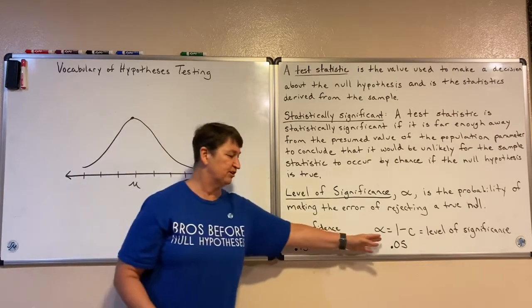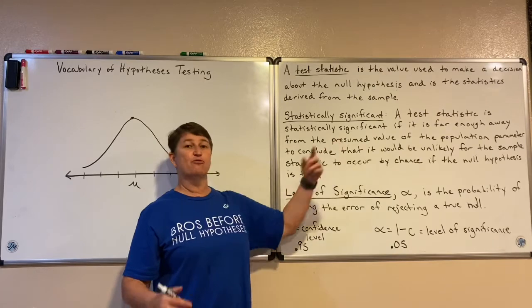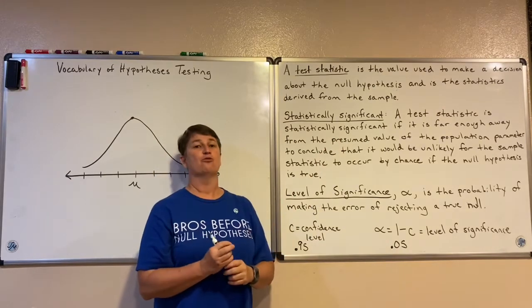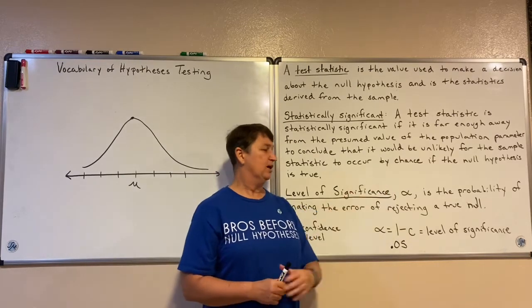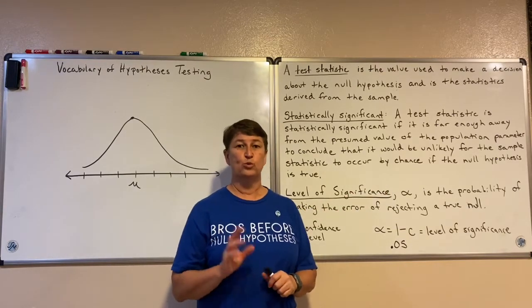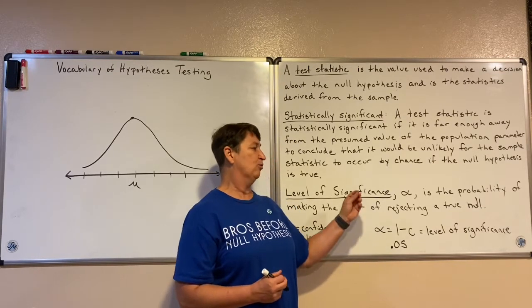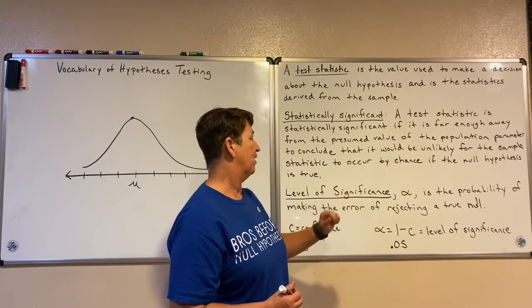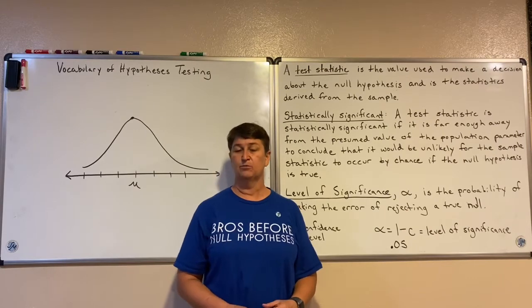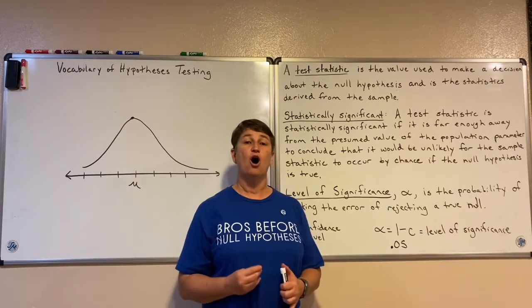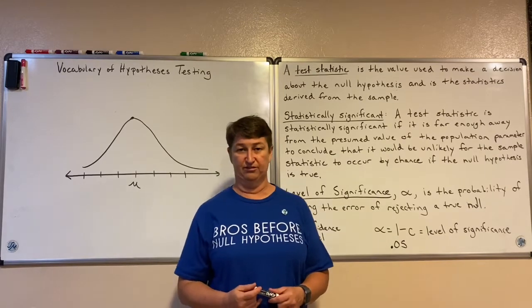So my level of significance tells me how far out it needs to be for that probability to be, ooh, that's weird, there's something weird going on. So the level of significance we'll look at when we're doing a hypothesis test, and that'll help us determine whether or not it's statistically significant. Let's look now to see what are the conclusions that we can come to from a hypothesis test.